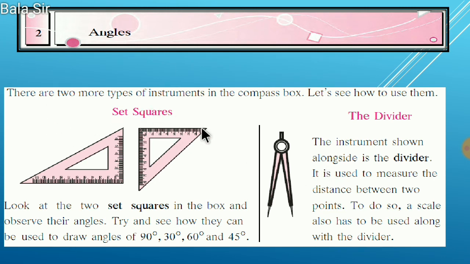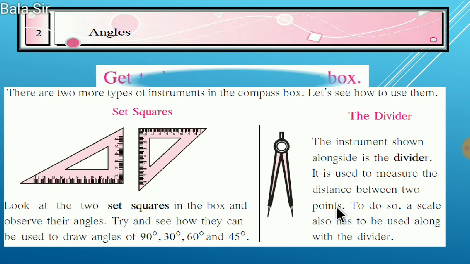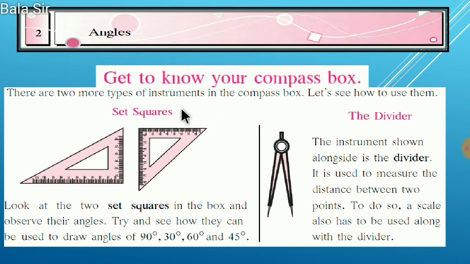This is a set square. With this set square, you can draw angles of 90 degrees, 30 degrees, 60 degrees and 45 degrees. Divider. This divider is used to measure the distance between two points. So here you have to get to know your compass box.